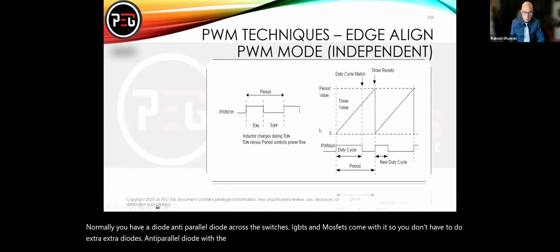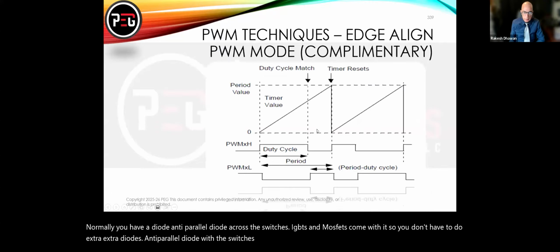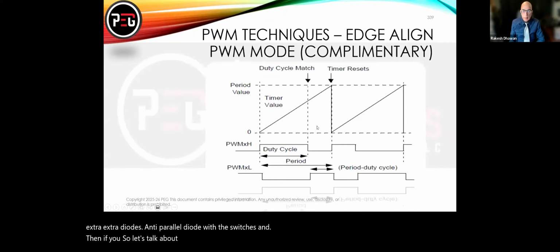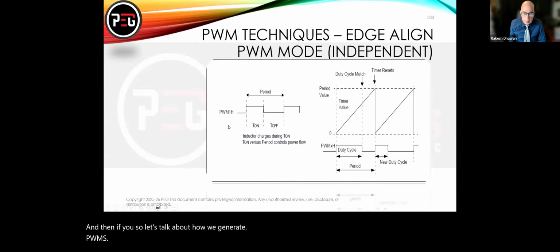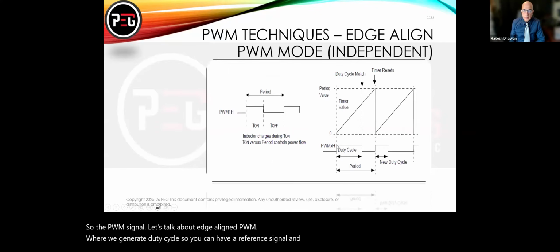So let's talk about how we generate PWMs. Let's talk about edge-aligned PWM, where we generate a duty cycle. You can have a reference signal and you basically generate a duty cycle. This is your ramp, right?